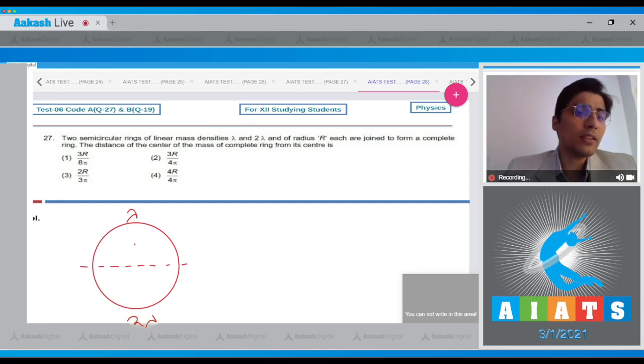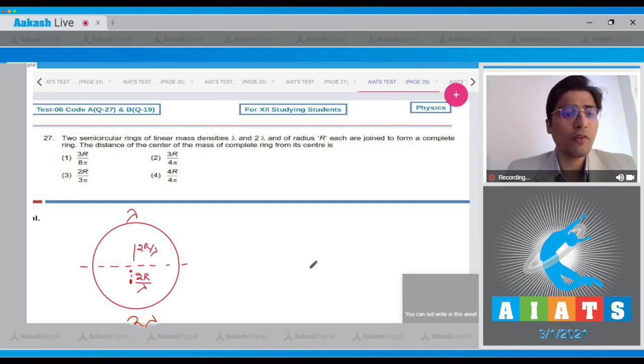If this is the baseline, then the center of mass of the upward semicircular ring will be 2r by pi, and from this base, the center of mass of the lower semicircular ring will be 2r by pi as well. The mass of the upward semicircular ring, if it is m, then for the lower it will be 2m.